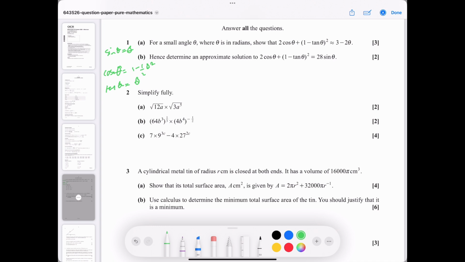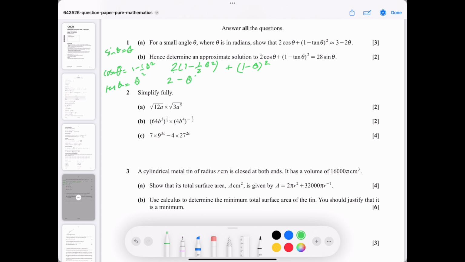So 2 cos theta would equal 2 times (1 minus half theta squared), plus (1 minus theta) squared. Okay, so that gives us 2 minus theta squared, because that's 2 times a half.